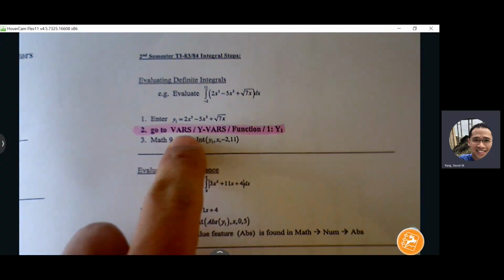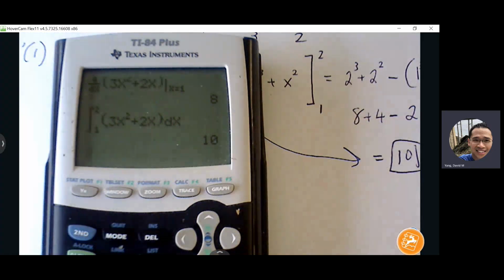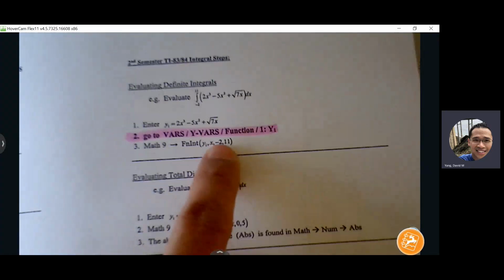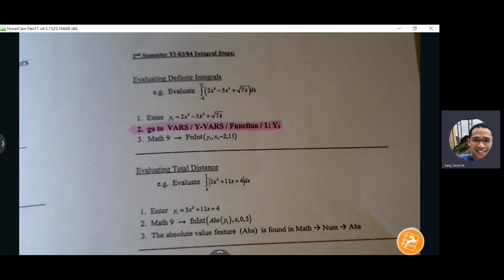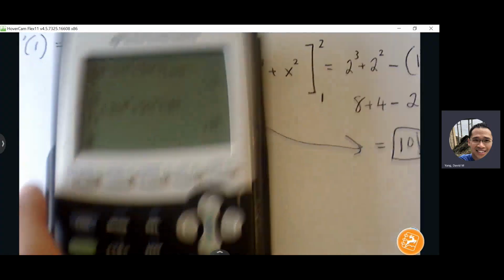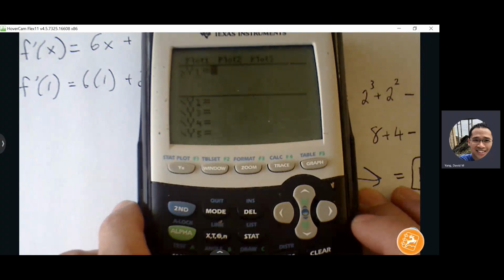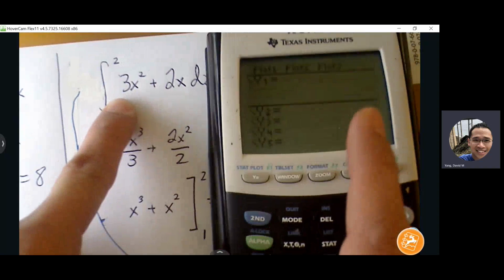Let's say I wanted to store a messy expression inside a different variable. So I'm going to go to vars, yvars, function 1, y1, and let y1 hold that messier expression. I'm not going to do a messy one right now, but I just want to show you how that works. So if you go to y equals, I'm going to type in the same function that I've been working with, 3x squared plus 2x.